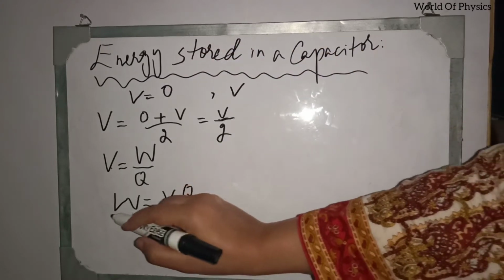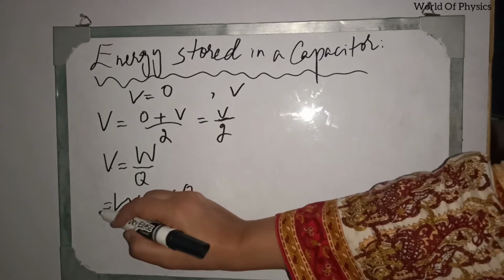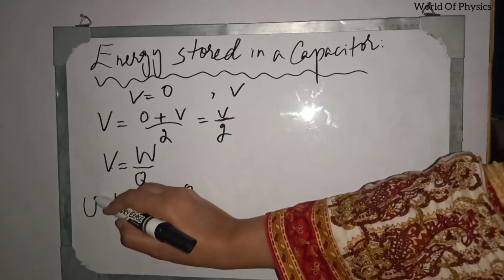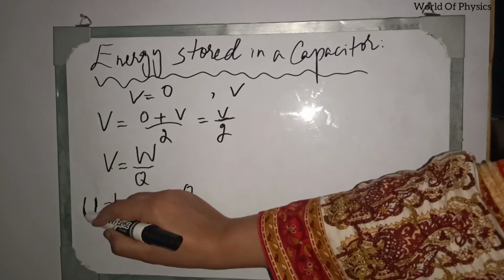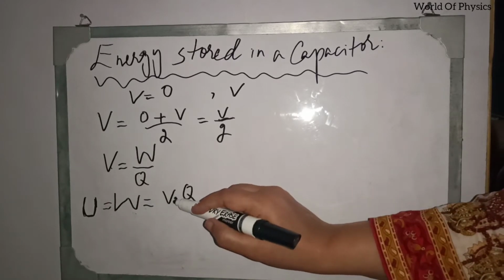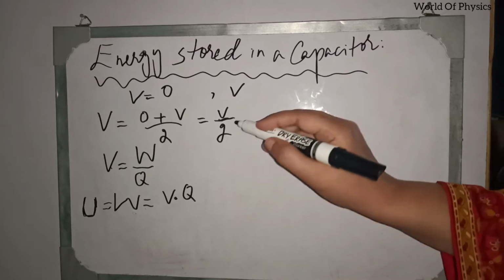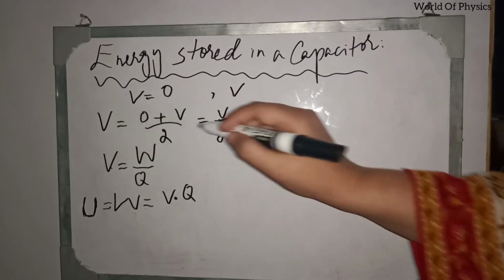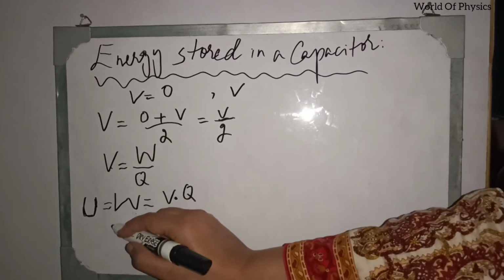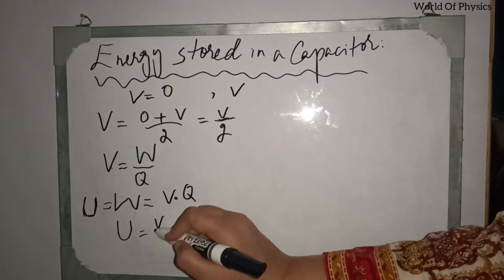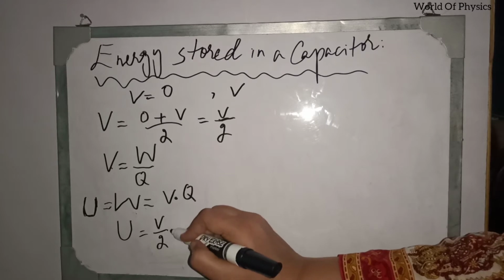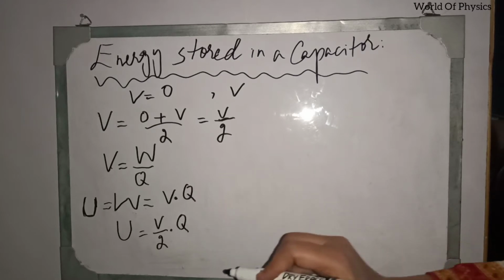So this work will be converted into energy which will be stored in the capacitor, and we will express this energy in the form of U. So U is equal to V multiplied by Q. And by putting the value of potential, which is equal to V divided by 2, we will get U is equal to V divided by 2 multiplied by Q. This is the new equation.